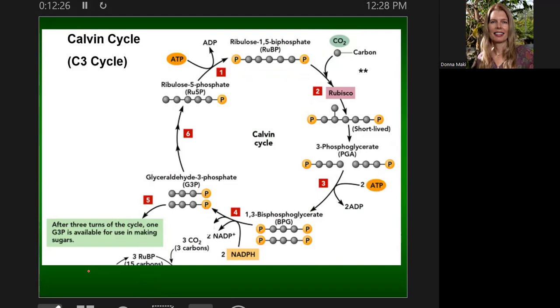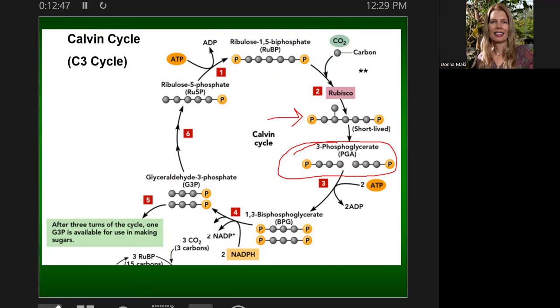And you can see that there's this unstable 6-carbon molecule that quickly breaks down into 2 identical phosphoglyceric acid or phosphoglycerate molecules. Okay, so you do need to know RuBP and CO2 gives you PGA.